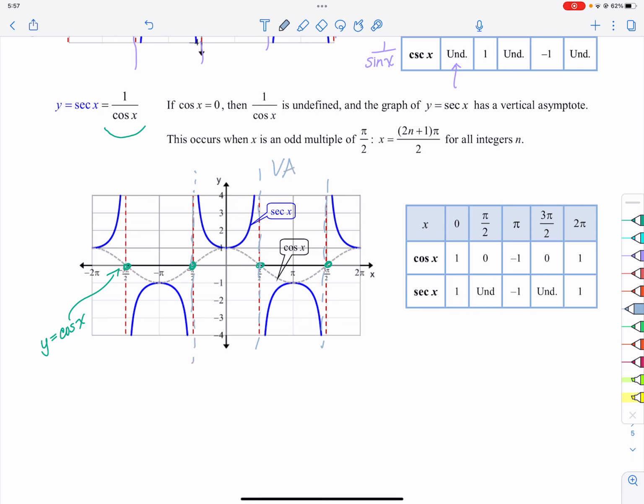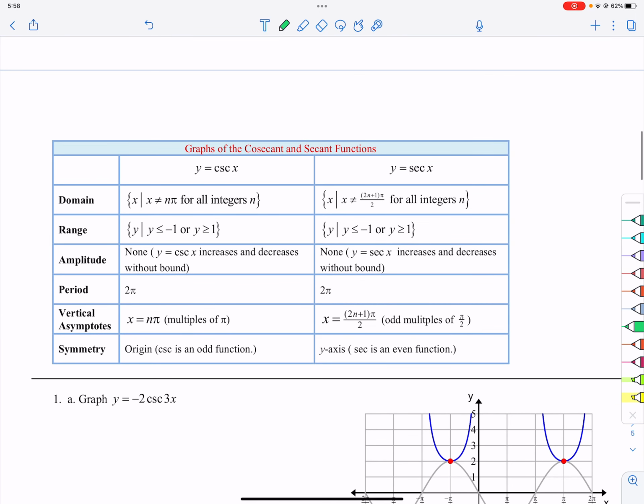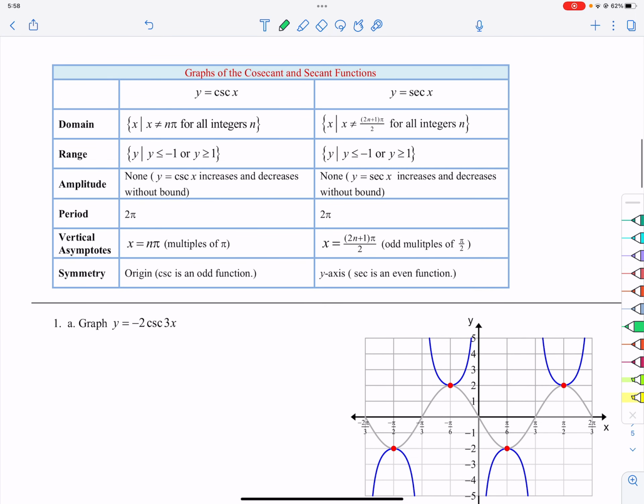Okay? And likewise, as you can see, where the cosine is equal to 0, the secant is undefined. So this is where we will have our vertical asymptotes.